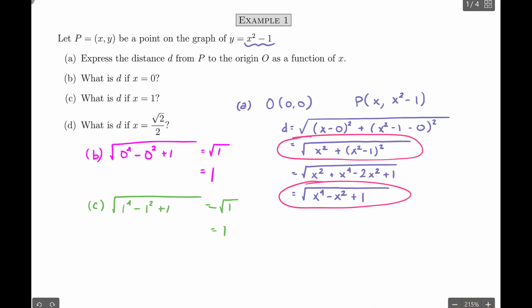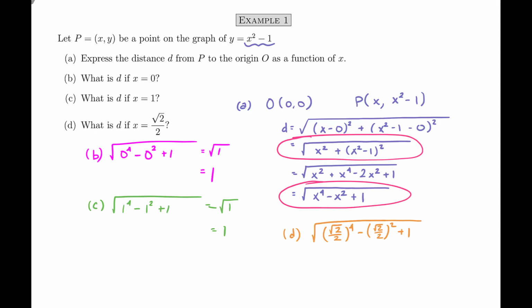So it's 1 unit again. And then our final component is what's the distance if x is equal to radical 2 over 2. I'll do that one in orange. We get the square root of radical 2 over 2 to the 4th power, minus radical 2 over 2 squared, plus 1.